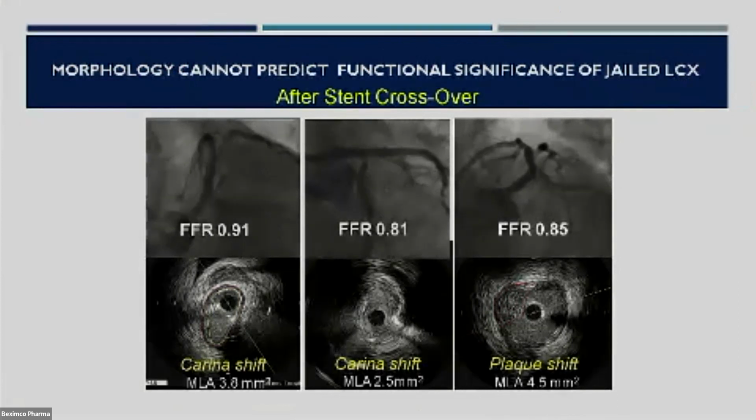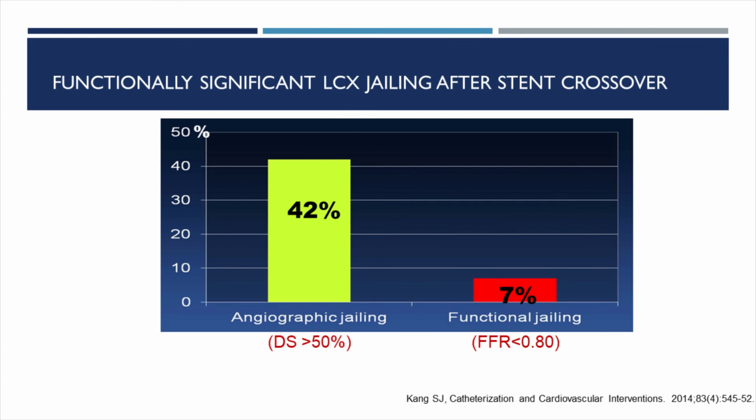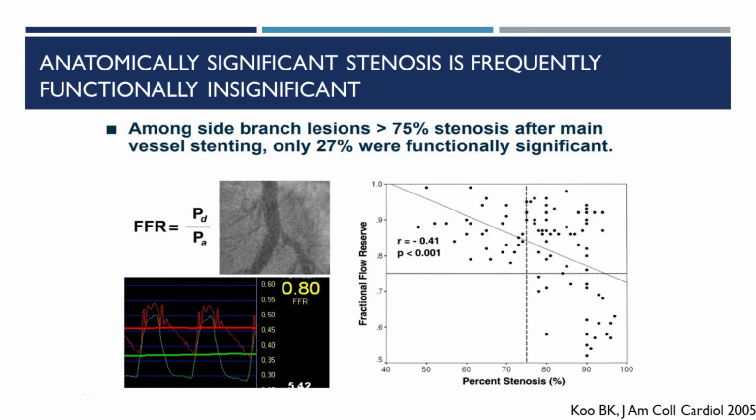So no need for a second stent deployment. What is the result for functionally significant LCX jailing after stent? Only 7% of cases are significant. In that particular situation, on top of symptoms and findings, we can consider a second stent strategy. And anatomically significant stenosis is frequently functionally insignificant.